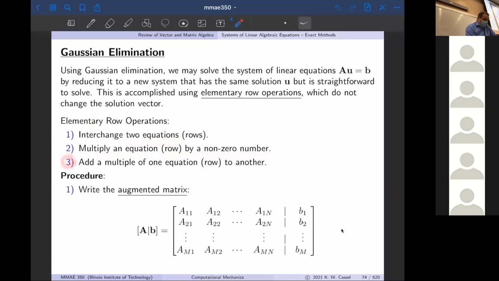Third, I can add, or by extension subtract, a multiple of one equation to another. So I could take the second row, multiply it by something, and add it to the first row, for example. That will change the coefficients in the system of equations and in the matrix, but it won't change the solution of the system.